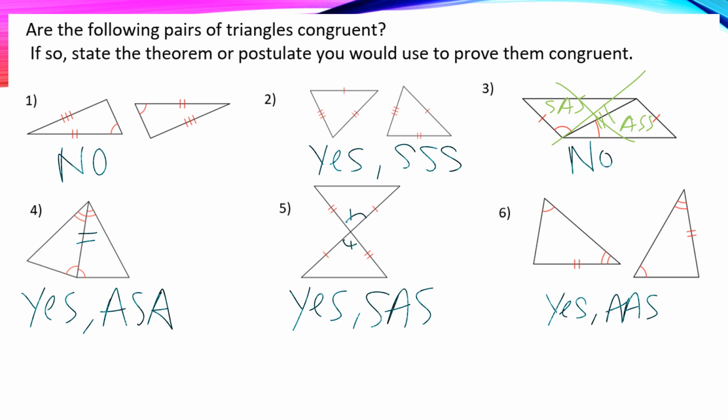Number four, you have angle, side, angle, because that middle line is congruent by the reflexive property, so it's ASA. Number five, your vertical angles are congruent. That angle is in the middle, it's included, so it's side, angle, side. And number six, that would be angle, angle, side, because your side is not included between those two angles, so it's angle, angle, side.